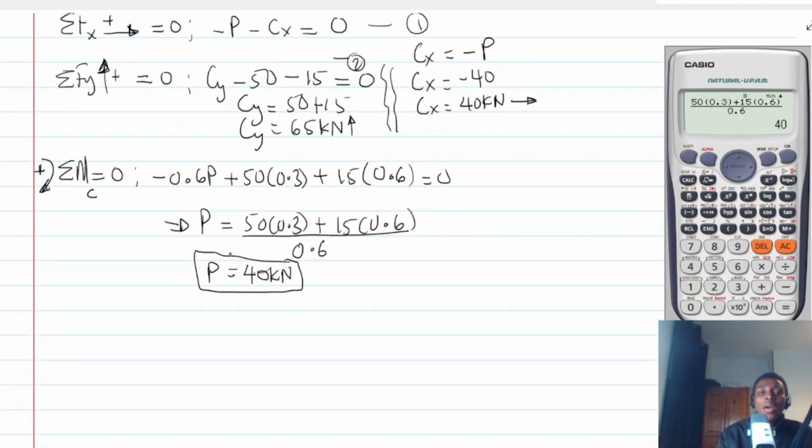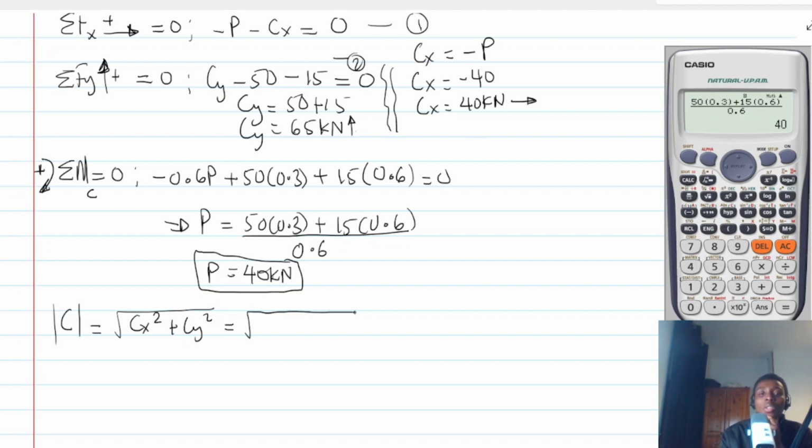All right, now at this juncture, I want us to look at this. Cx, P, Cy. So the magnitude of C is going to be the square root of Cx squared plus Cy squared. And what is that?